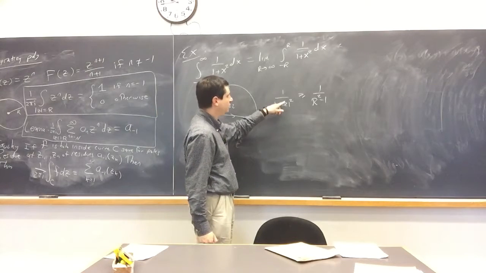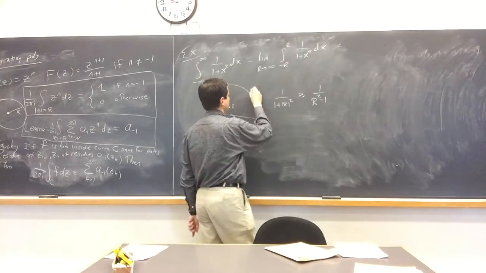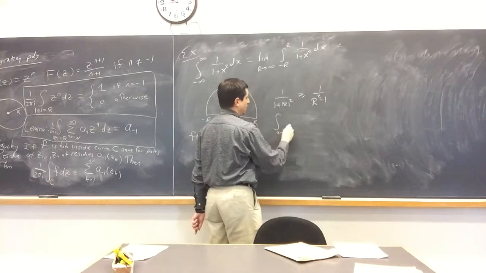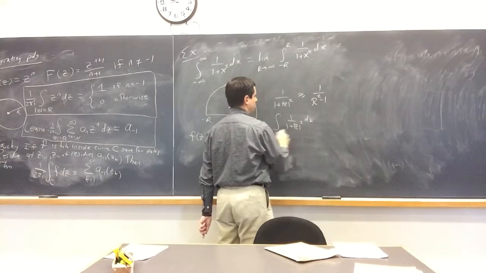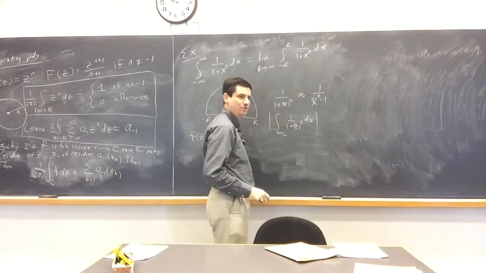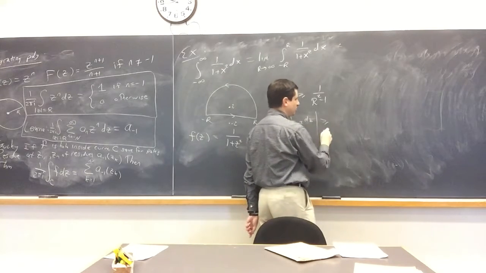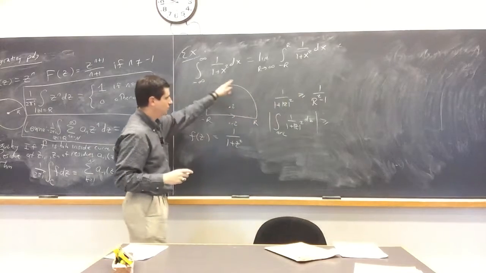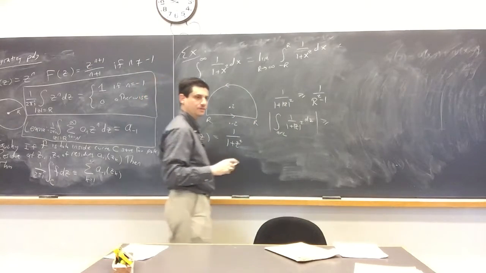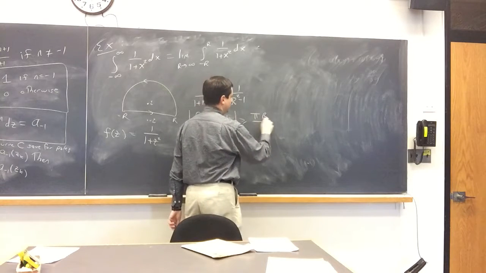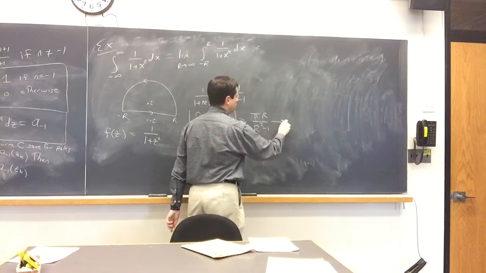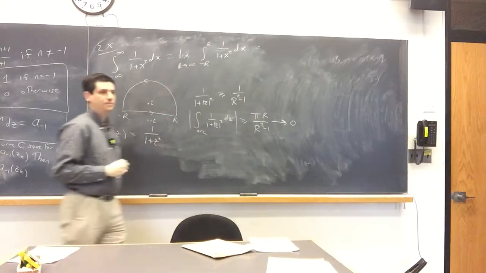And so if I want to calculate the integral over the arc of 1 over 1 plus z squared dz, I'll just throw in absolute values everywhere to be super safe, it is going to be less than or equal to the length of the arc. What's the length of the arc? Pi r divided by r squared minus 1, which goes to 0.